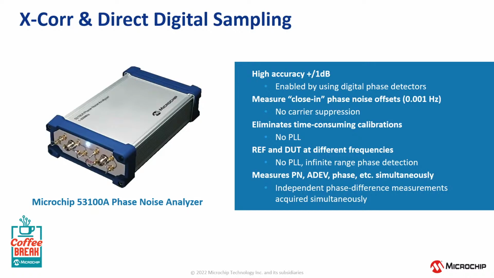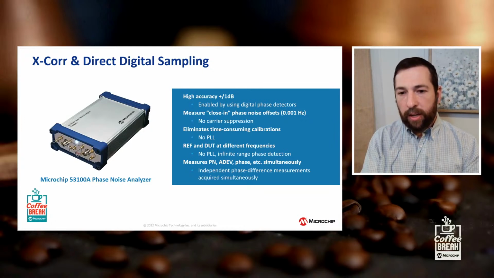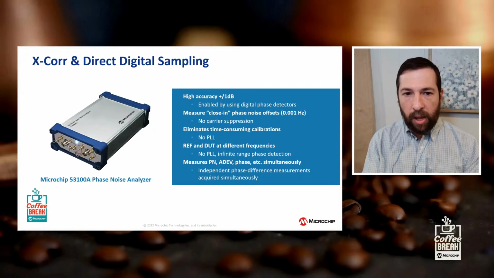The 53100A is designed for taking high accuracy phase noise measurements, plus or minus 1 dB. You can measure very close to the carrier because everything is being down converted to baseband, so you can measure in millihertz from the carrier. There are no time-consuming calibrations. You can literally be taking measurements within minutes of powering on the unit.